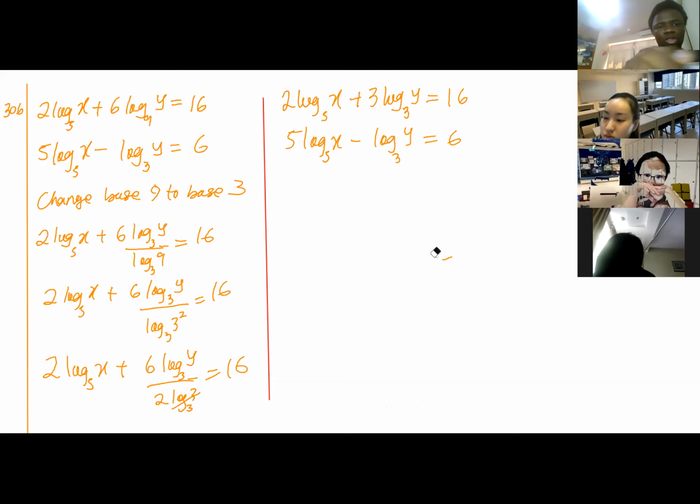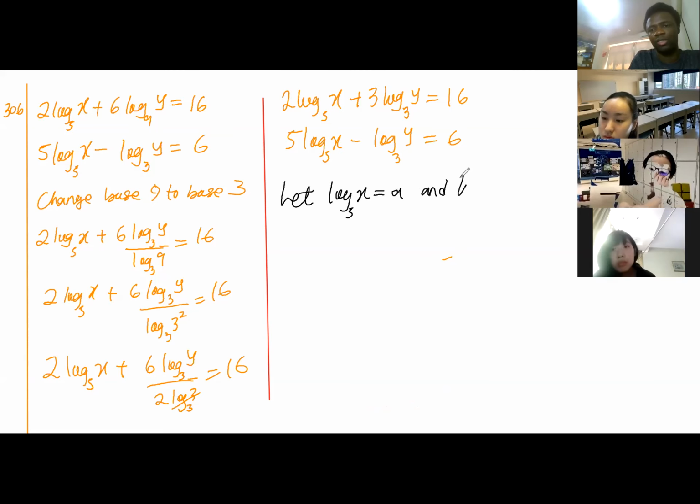So what you need to do for this type of question is to introduce different variables because they all look alike, right? They look alike in both equations 1 and 2. Let log 5x be A. Introduce 2 variables, preferably consecutive letters. And let this be B.